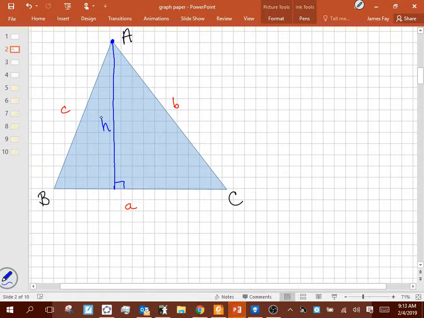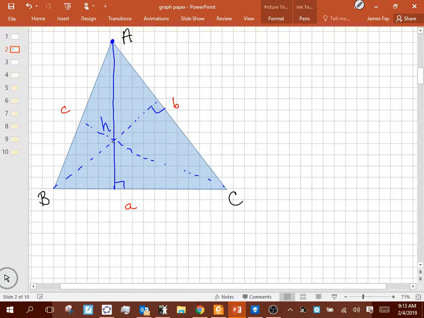Now, we could do this from A to BC, but there's an altitude that exists maybe there, and another one that would exist there. Does that make sense? Those are all altitudes of this triangle. We're going to look at the solid one right here.